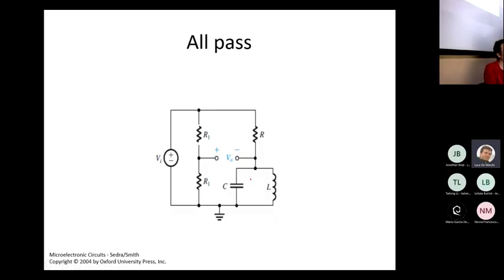The all-pass filter is realized in this way because the transfer function that we have to implement is given by this expression: (s² − s ω0/Q + ω0²) over (s² + s ω0/Q + ω0²).